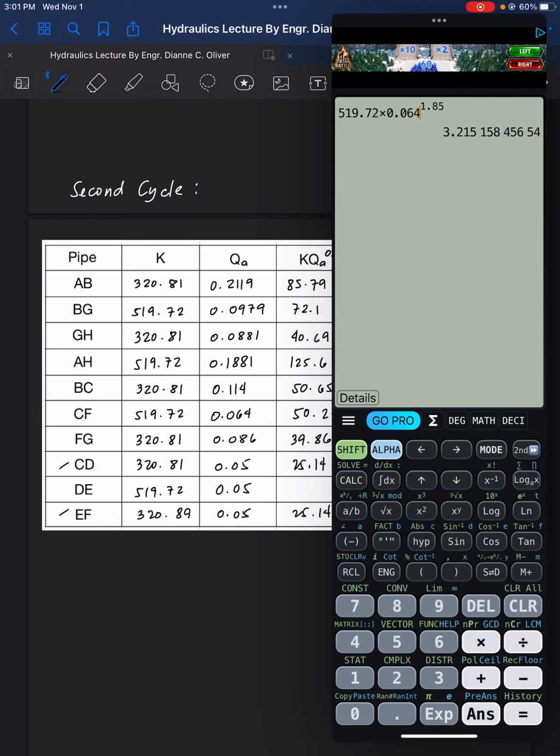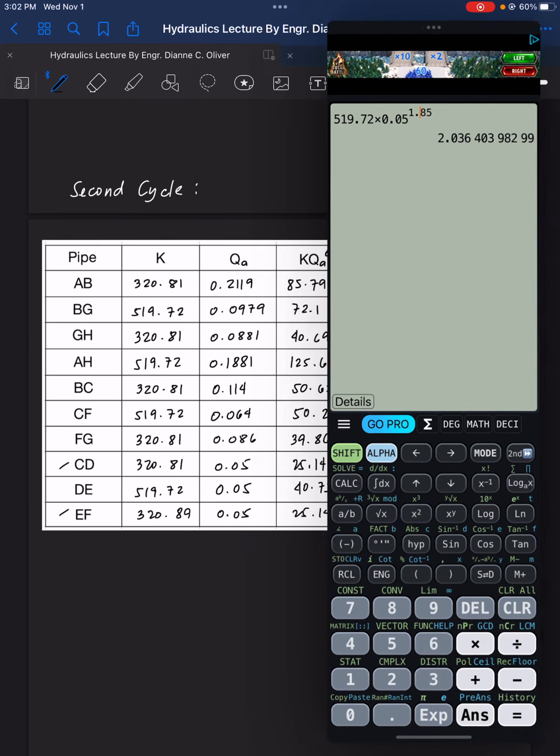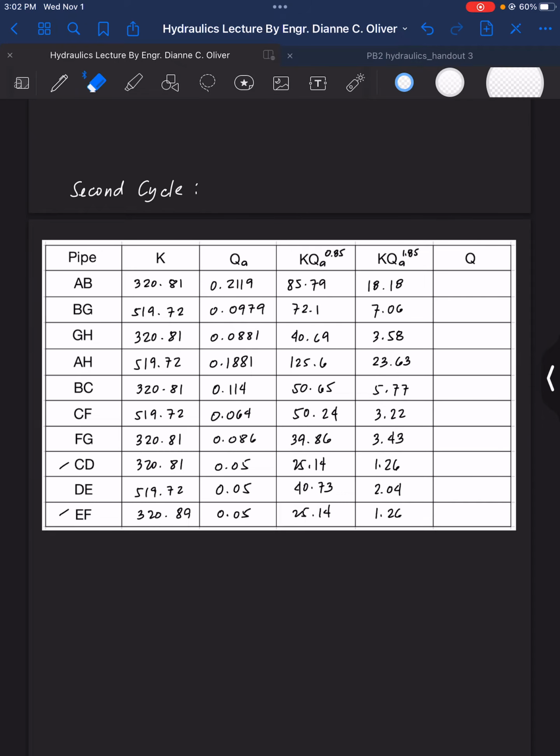And then 519 is to 40.73, 2.04. Okay, so that's our second cycle.